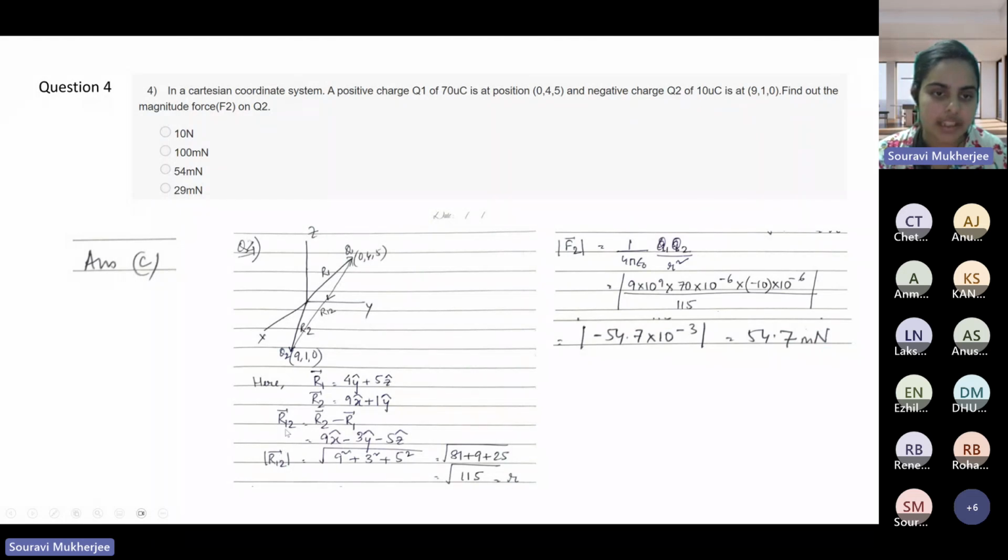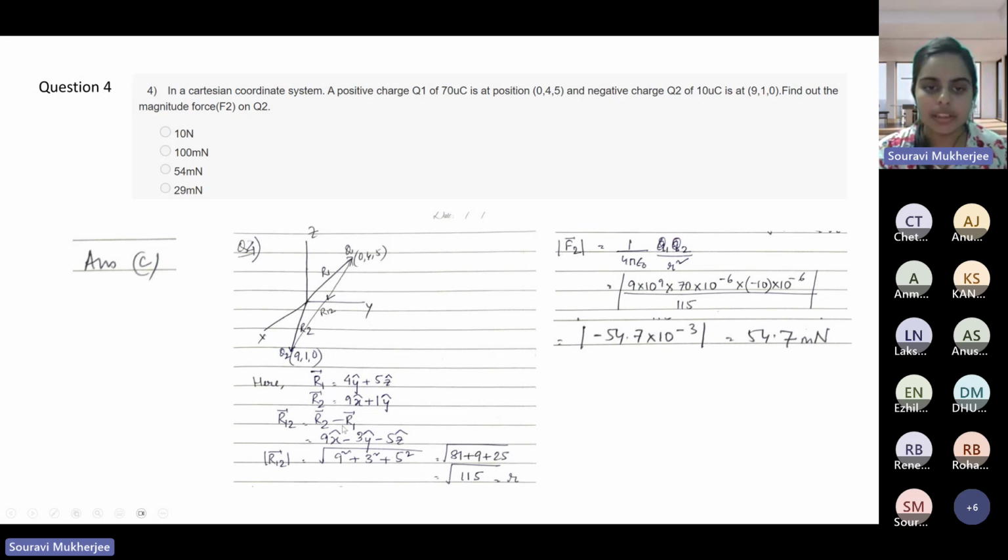R cap is the unit vector along r12. So now you know this is your r12, and you know this is your magnitude. If you divide by the magnitude, you would get the unit vector along this particular direction. Then if you multiply the unit vector with this expression, that gives you the total vector representation of the field.